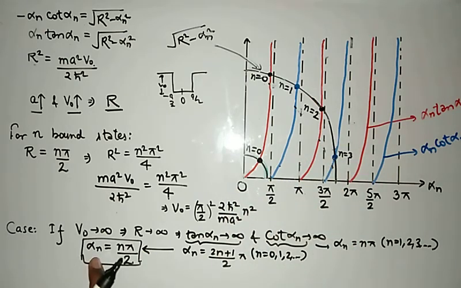So now putting the value here also, alpha n square is equal to n square pi square by 4. And what is alpha n square?